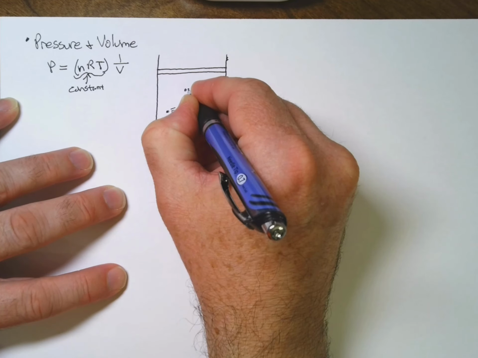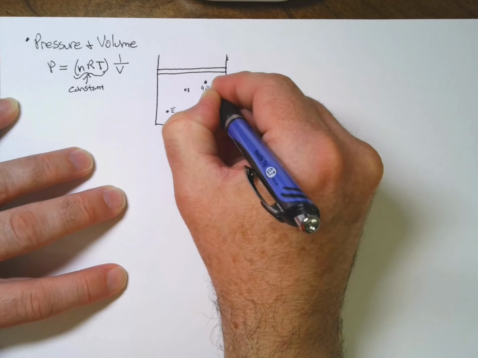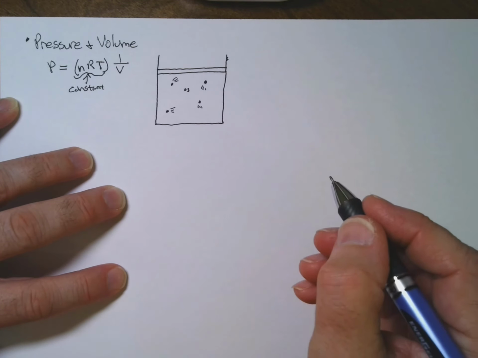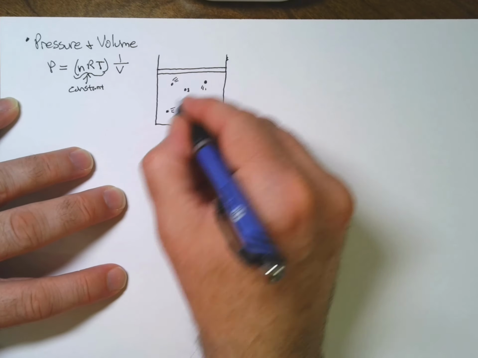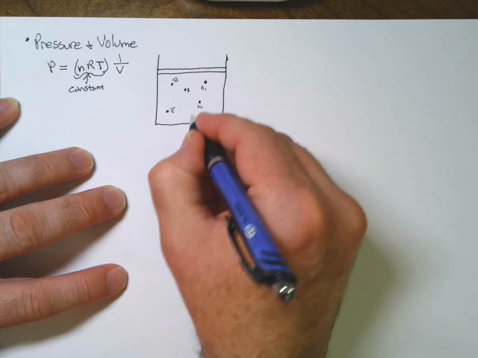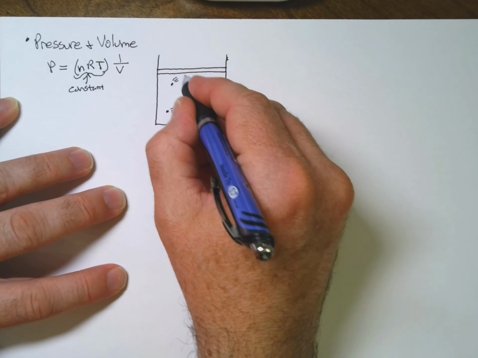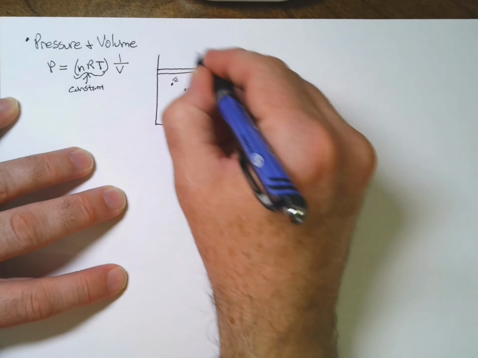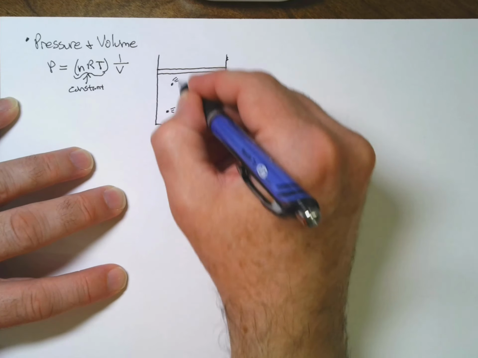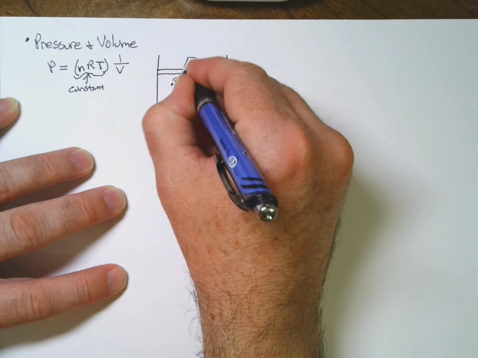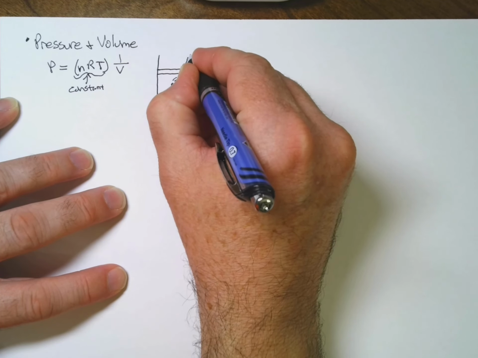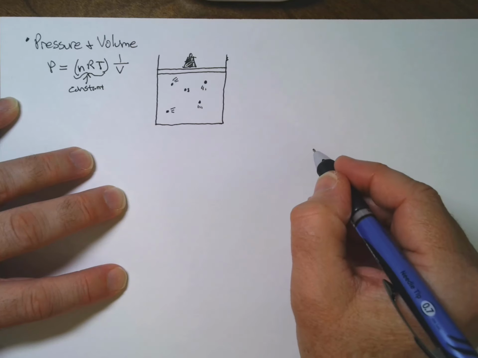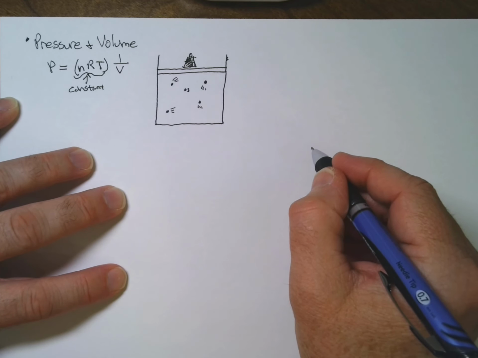Some are moving not that fast, some are really going fast, and they're bumping against the walls, exerting pressure. And they would just push this piston right out of the cylinder unless we put a weight on it. So we'll put our little weight there, and that's going to keep our piston from flying out.